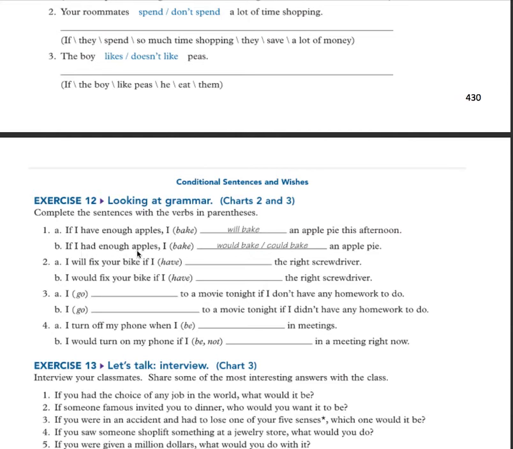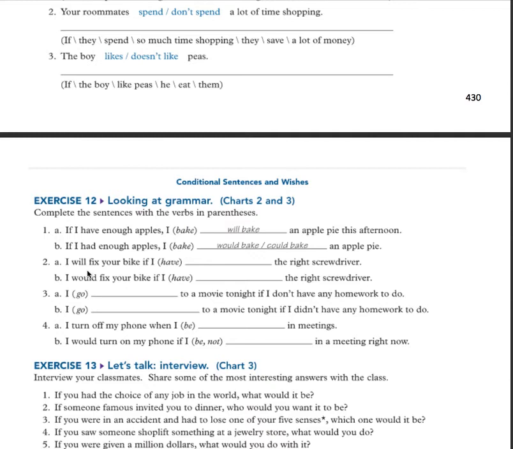So you say, if I had enough apples, I would bake an apple pie, result clause, or could bake an apple pie. You say would bake if it's only the apple pie you have in mind. You say could bake if you have other options. You might say I could bake apple empanadas, or I could bake apple turnovers, okay, other desserts.